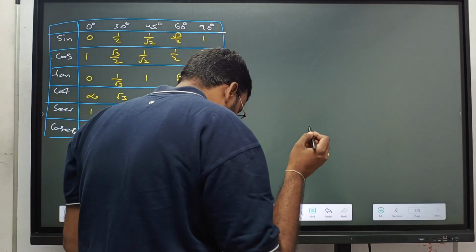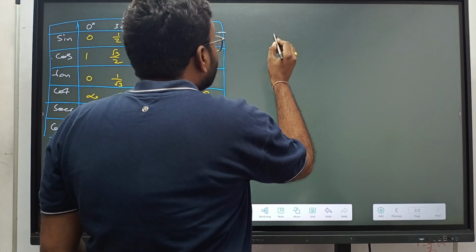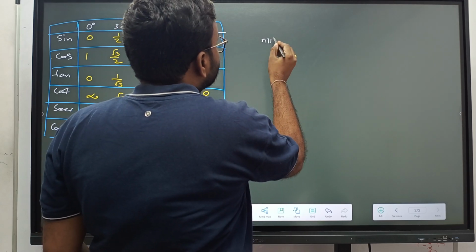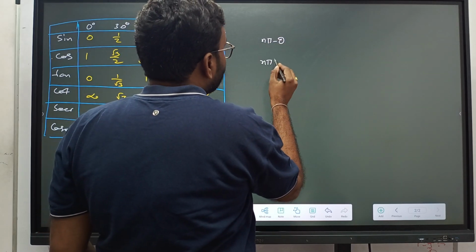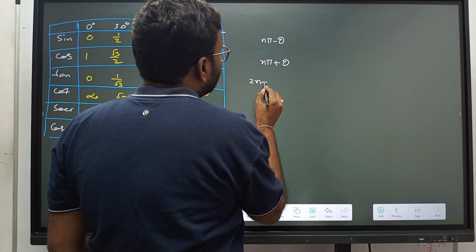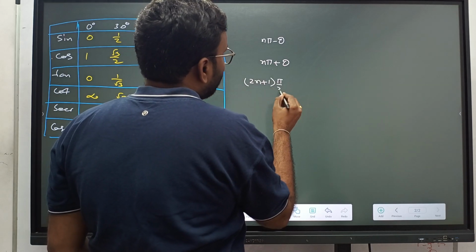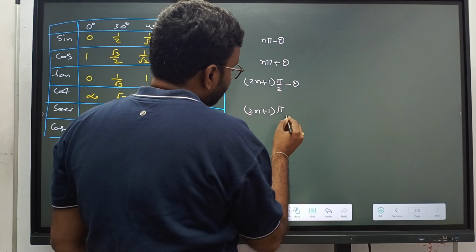That is angle or trigonometric ratio, right? So what we have: n pi minus theta first of all, then n pi plus theta, then 2n plus 1 into pi by 2 minus theta, then 2n plus 1 into pi by 2 plus theta.